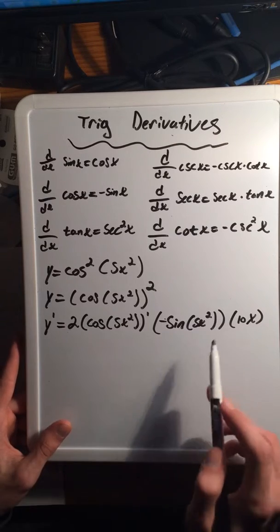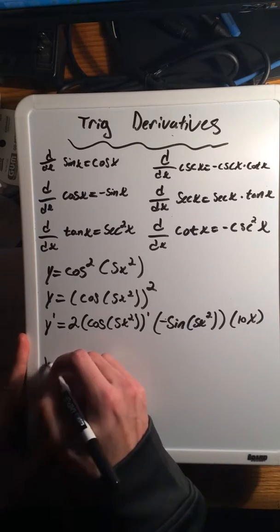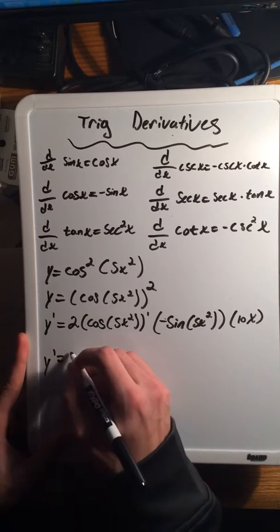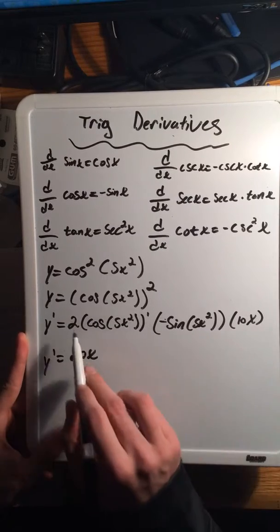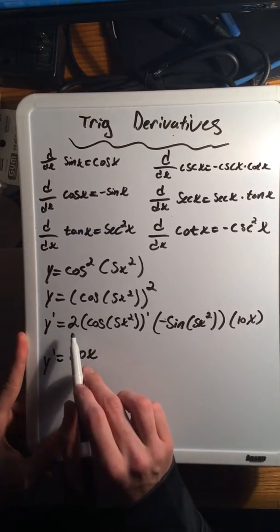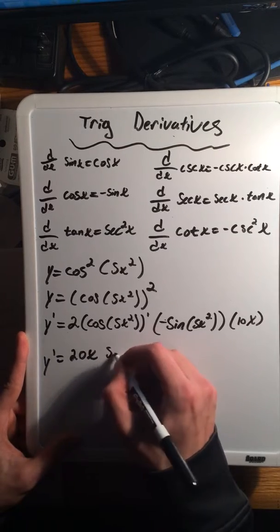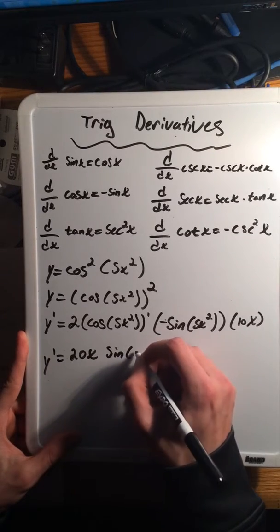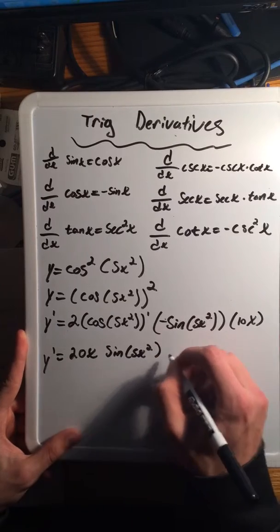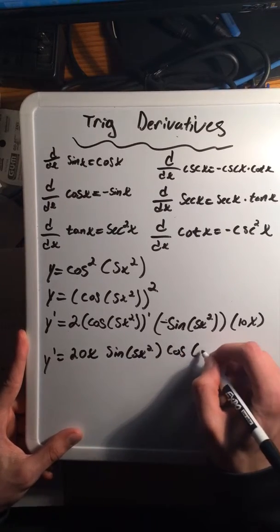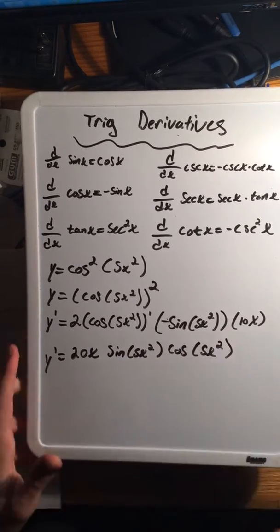Now I'm just going to simplify this a little bit. So now y prime equals 20x, because the 10x times the 2, sine 5x squared cosine 5x squared. That's it.